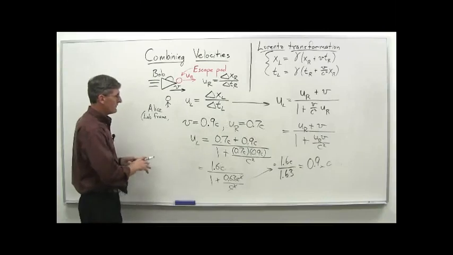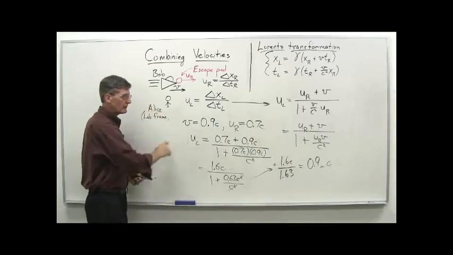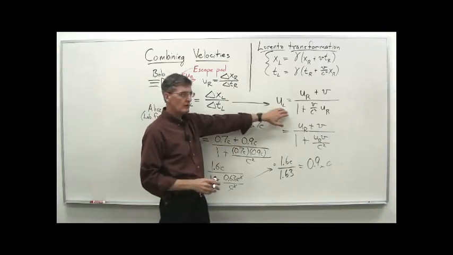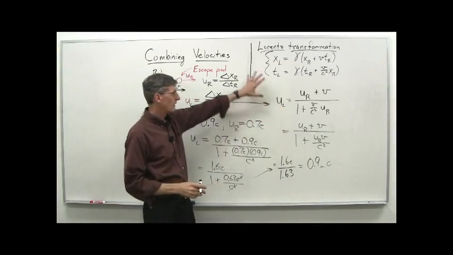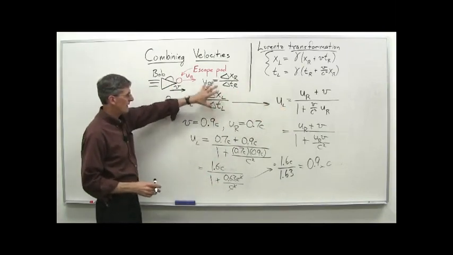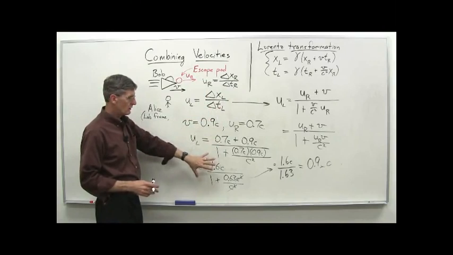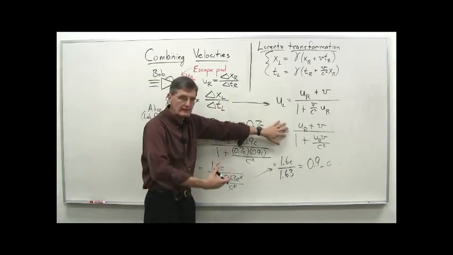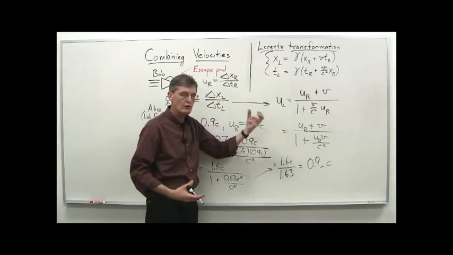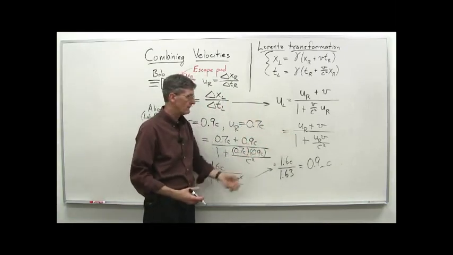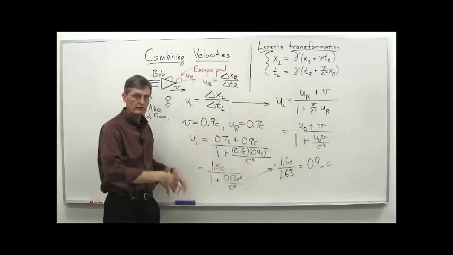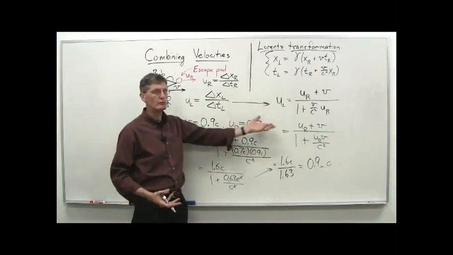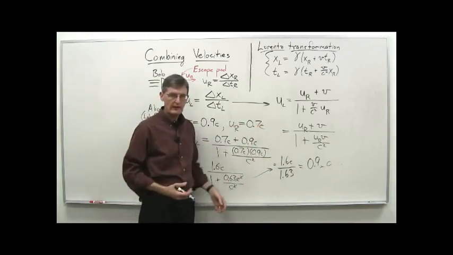Okay, so that is our basic combining of velocity equation. Again, we got it from the Lorentz transformation and just the basic definition of a velocity. And we see the Galilean transformation is embedded in it in a sense, because if the escape pod velocity and the relative velocity between the frames are low with respect to the speed of light, then we just get our normal u sub r plus v, just add velocities.